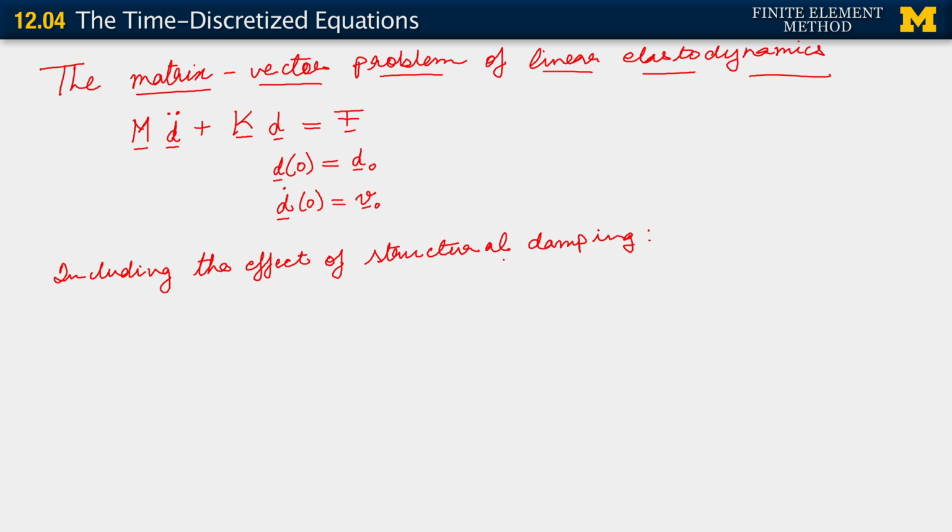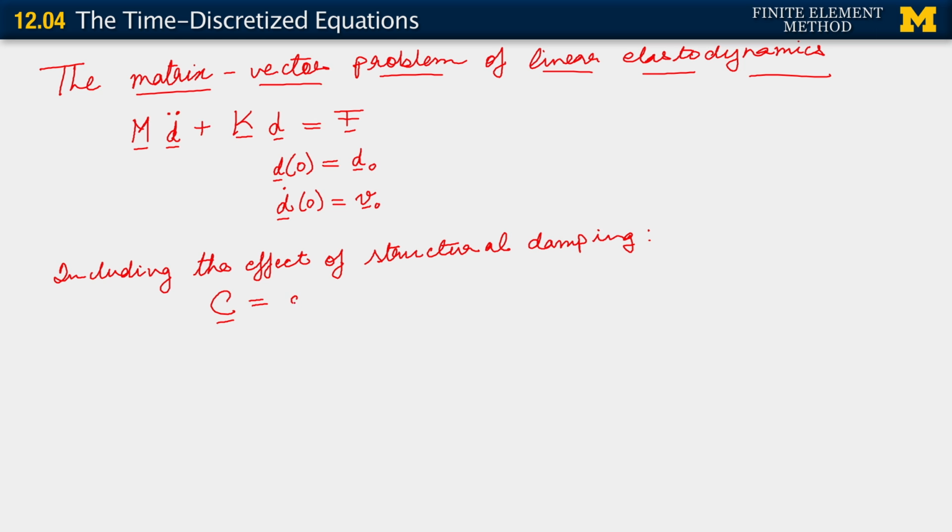The way this would be done would be to include a damping matrix C, and I'm just following the standard notation that tended to be followed in this business. So we have yet another matrix C, which would often be modeled using what is called Rayleigh damping.